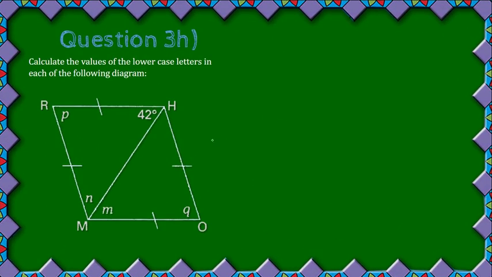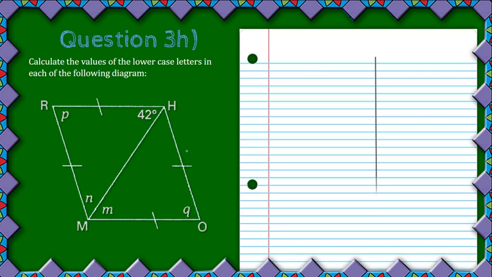Question 3H. Now over here we've got MNOPQ, yeah, MNOP and then Q. So starting off, we see that all of these are equal.